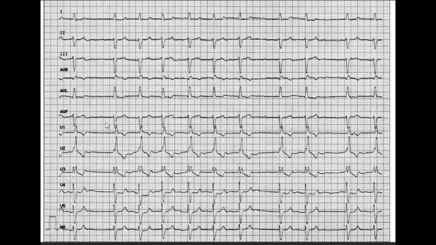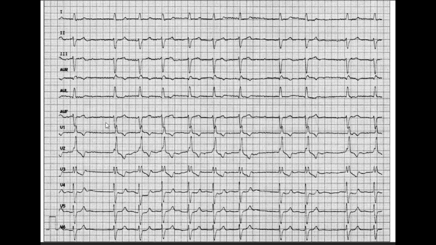So that should mean that it's a right bundle branch block. The conditions for right bundle branch block: prolonged QRS complex, here it's 0.15, anything above or equal to 0.13; you see some RSR pattern in V1 or V2, and you see a deep slurred S wave in V5, V6. So this is right bundle branch block.